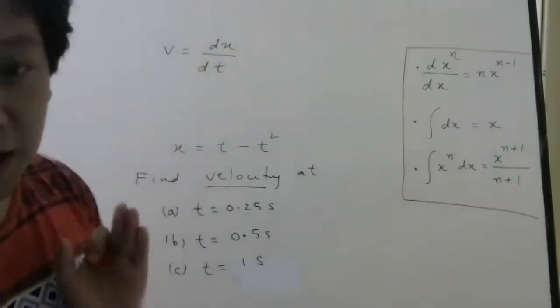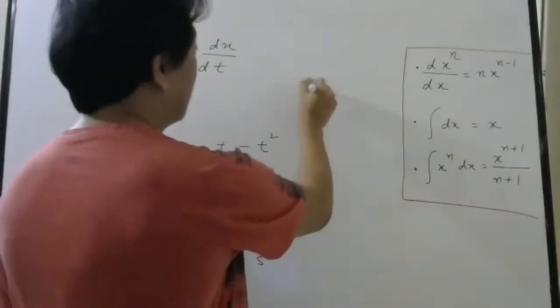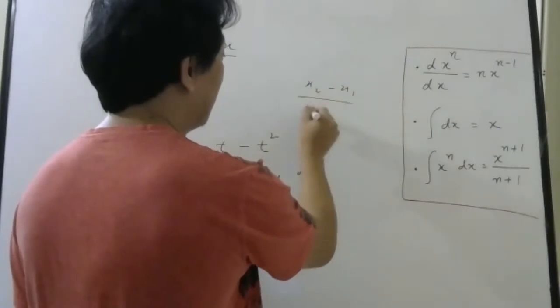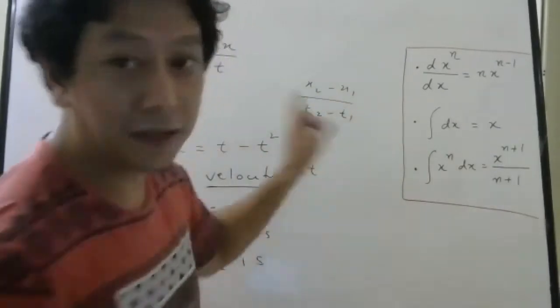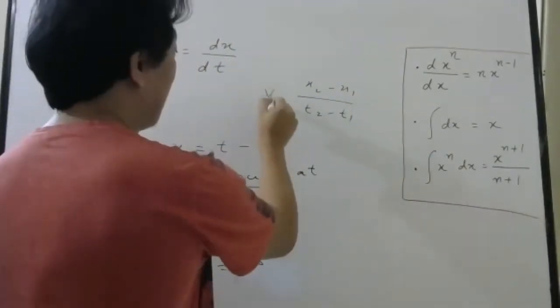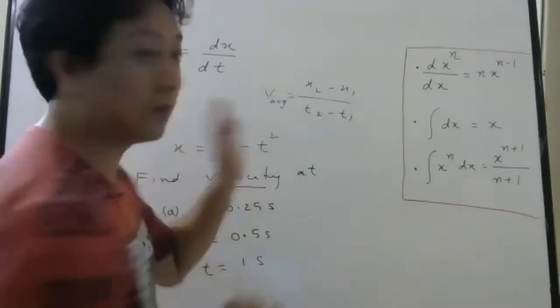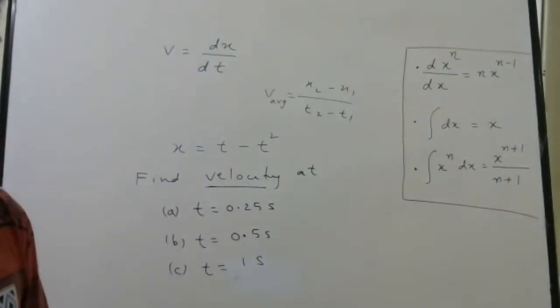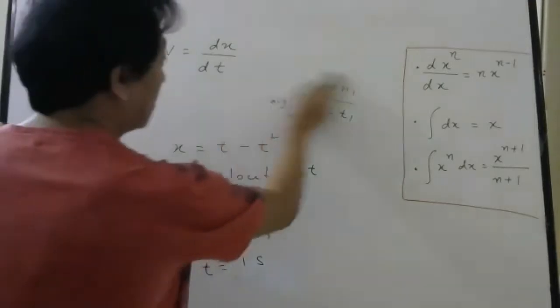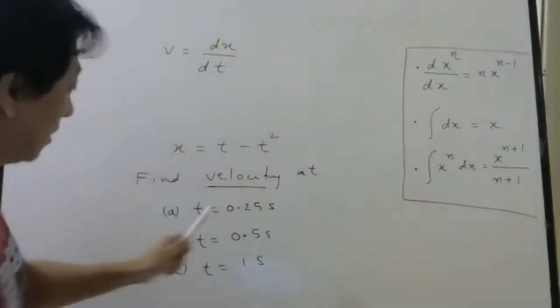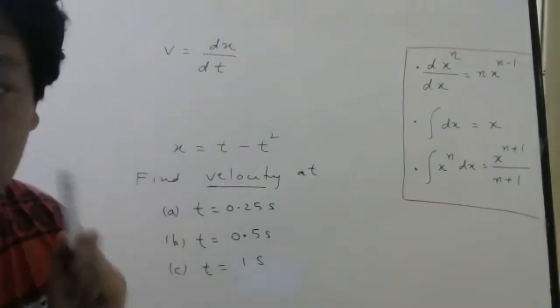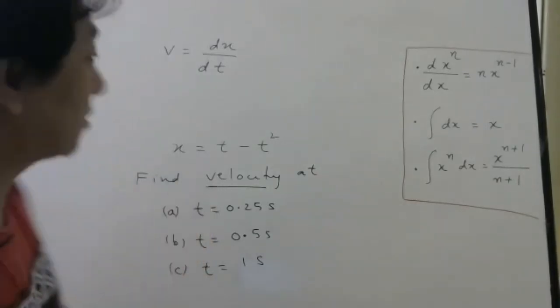You cannot write x2 minus x1 by t2 minus t1. That is called what velocity? Average velocity. We don't want average velocity. I want velocity at a particular time. So I am asking instantaneous velocity.